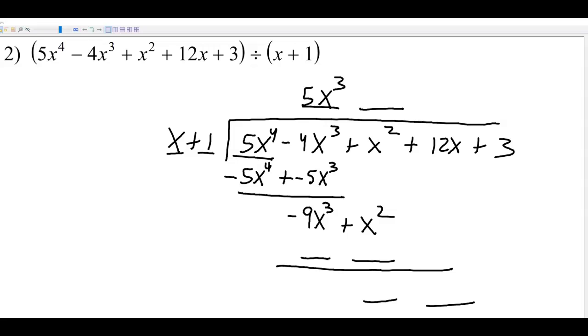Talk to each other, ask each other. This is the first thing you need to find. This is the second, this is the third, fourth, and fifth.